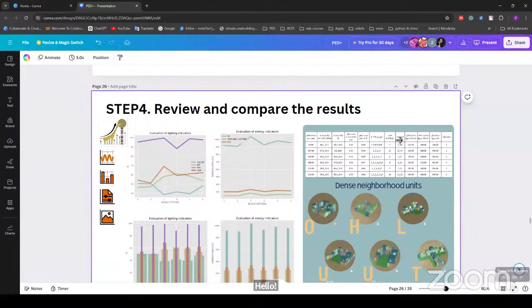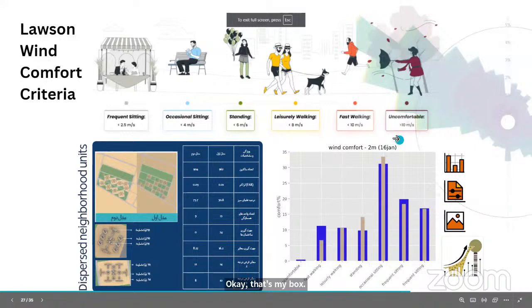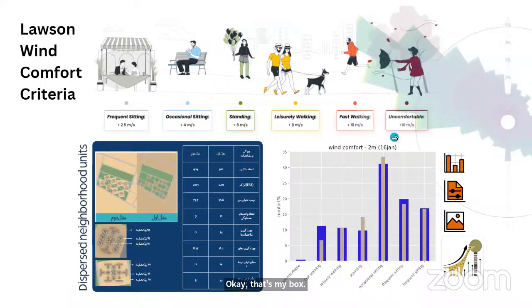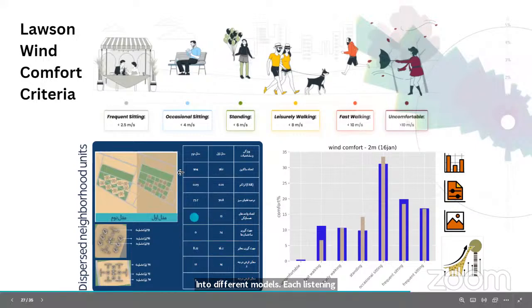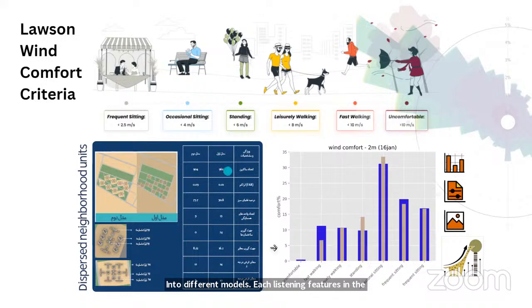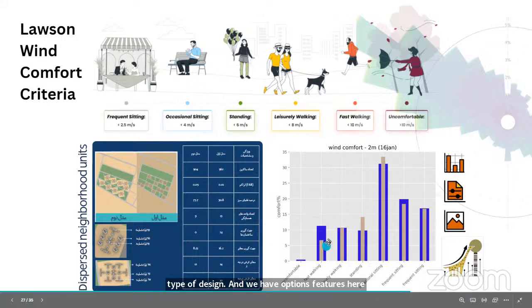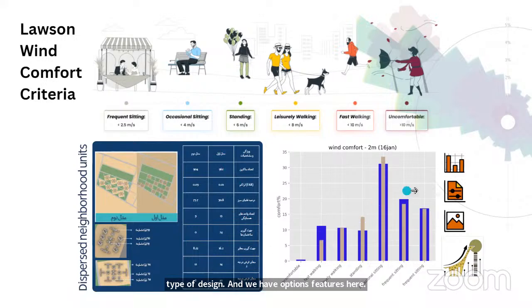In this slide, we examine wind comfort for pedestrians in two different models, each with distinct features specified in the design table. And we have optional features here for neighborhood units.